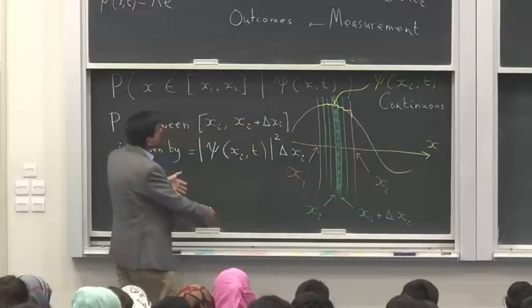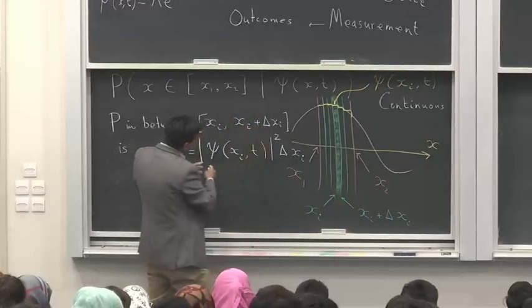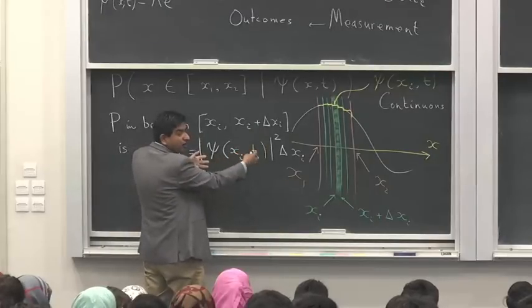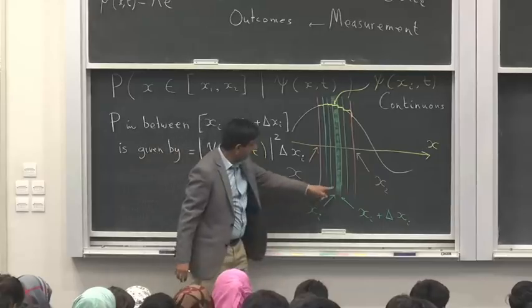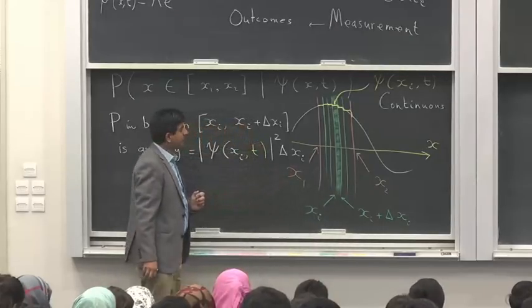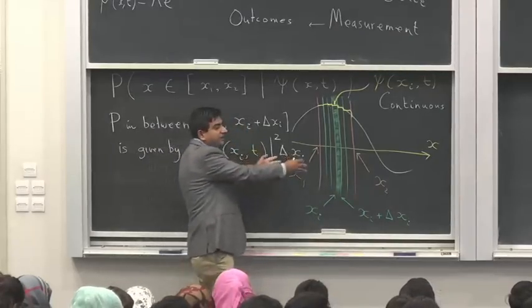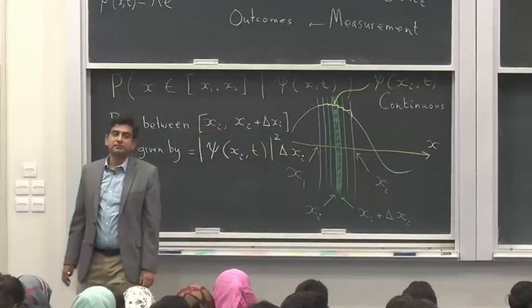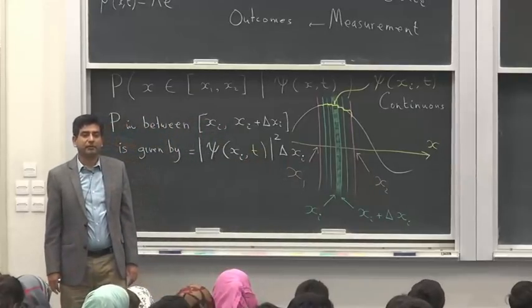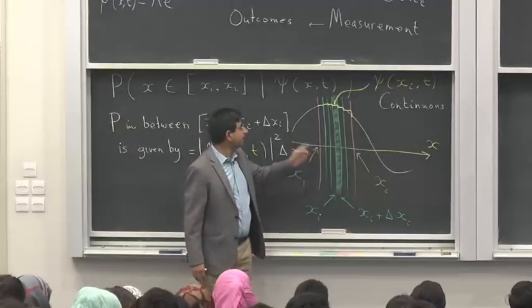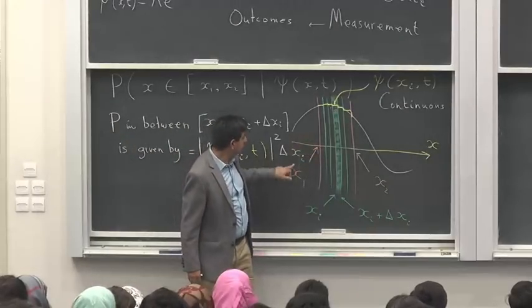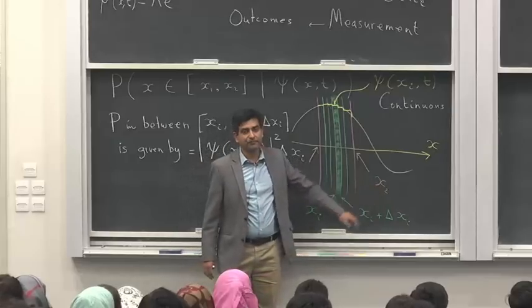It's given by the modulus squared of the wave function, which is a complex number at this location xi, multiplied with the width of the interval. Okay? So now what's the total probability of finding the particle between x1 and x2?